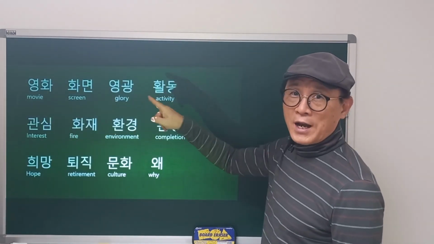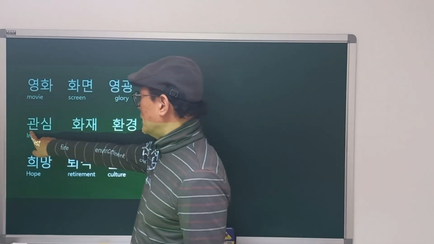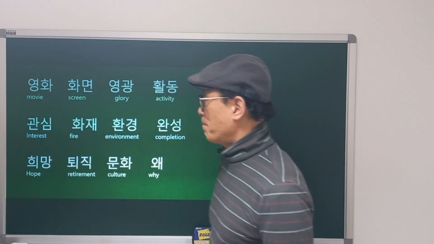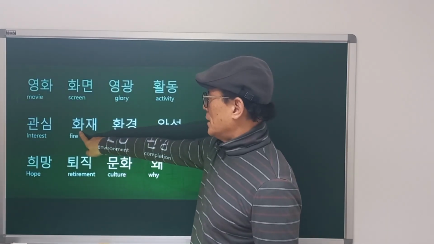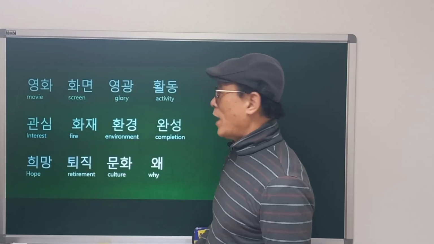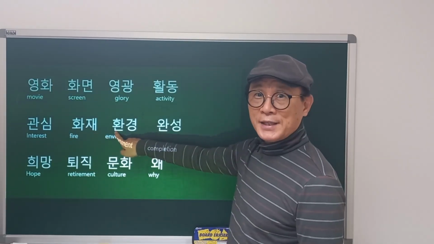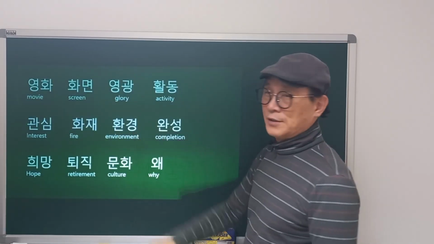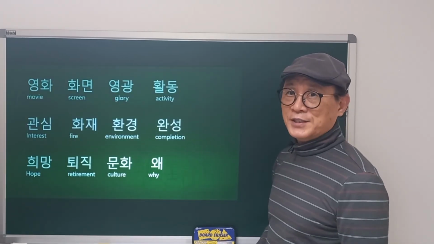Okay? 관심. Same. 화재. 환경. Bottom consonant here. 환경. 완성. Okay.